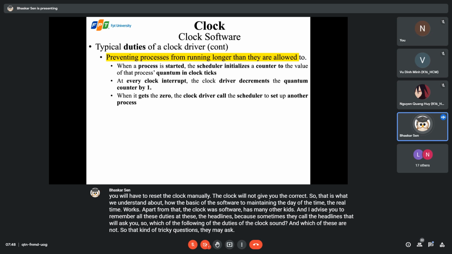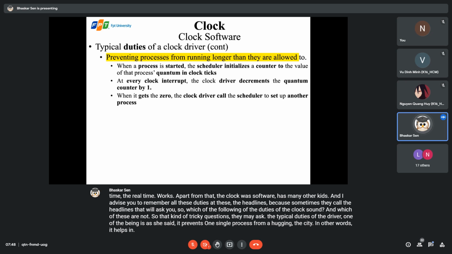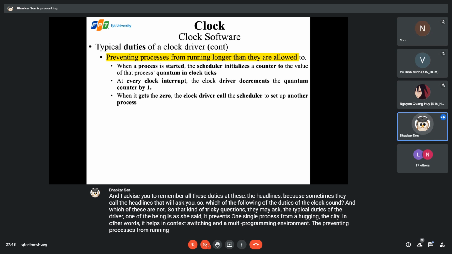The typical duties of the clock driver, one of the things is, as we said, it prevents one single process from hogging the CPU. In other words, it helps in context switching in a multi-programming environment. The preventing processes from running longer than they're allowed to.